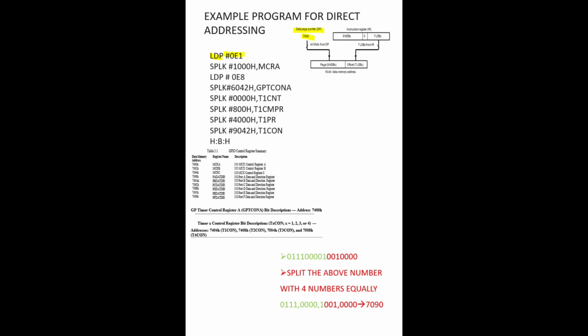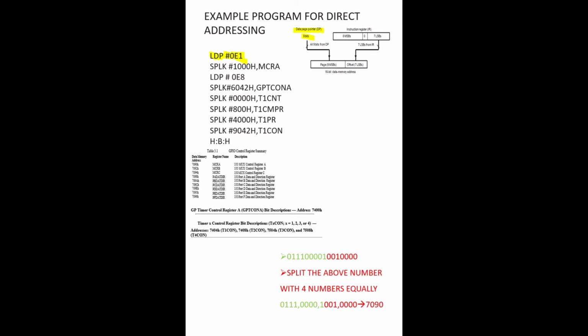Here 10, so 5 bits, and then the last one is there. That one will be 0001. So 9 bits I have given directly. That is why it is called an example for a direct addressing program. So LDP #0E1: load data page with 0E1, and the 9 bits I have given.